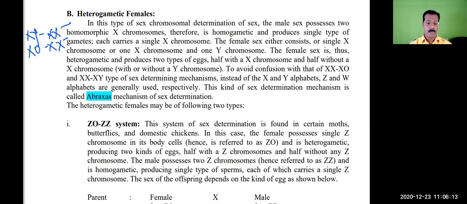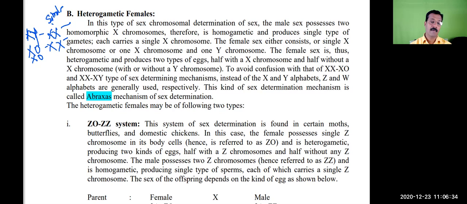The female either has X chromosome and no other chromosome, so called X0, or it may have X and Y chromosomes, but male will have both sex chromosomes similar.